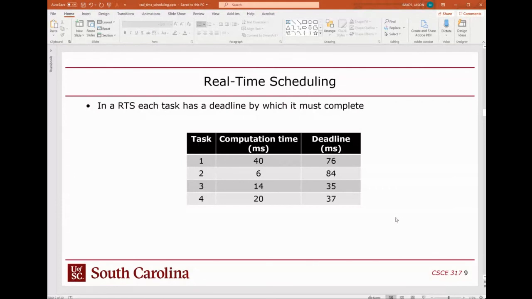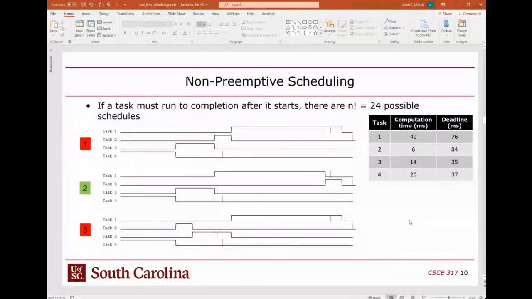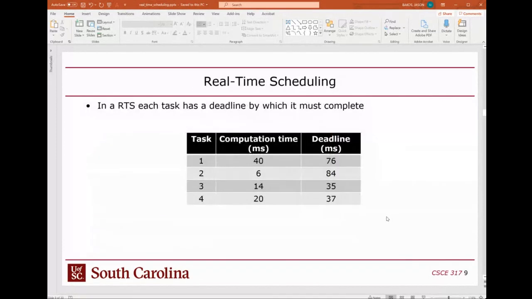And so we have 24 possible ways that we can schedule those tasks, assuming that whenever we schedule them to run on the CPU, we run them to completion, meaning that there's no preemption. We don't stop a task that's already running.